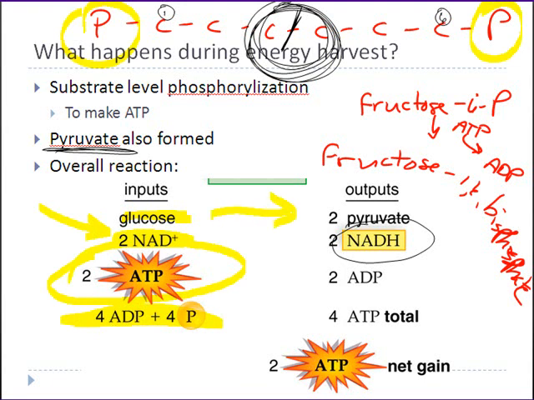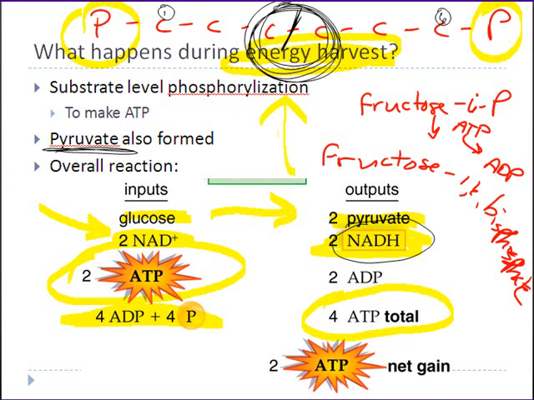The outputs, what we got during the energy harvest phase, were 2 molecules of pyruvate. We were able to store some of the energy from breaking apart those chemical bonds in a couple of molecules of coenzyme NADH. And we were also able to generate 4 new ATP molecules from the energy we got by breaking apart those bonds.